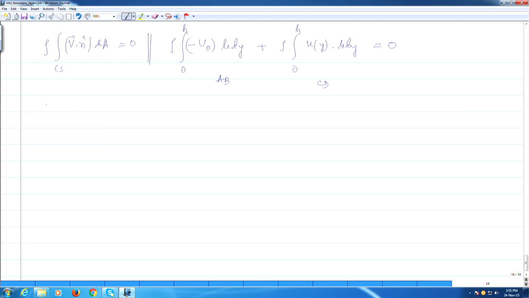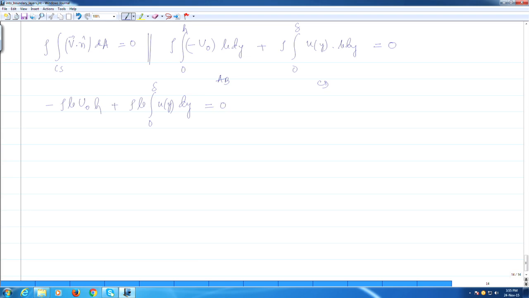If I do the math here, I won't miss the step. What we'll get is minus rho b u naught h, plus rho b, oh sorry, this is not h, this has to be delta. So, 0 to delta u y dy, that is equal to 0.